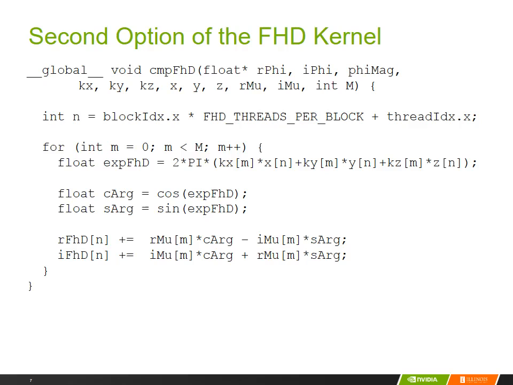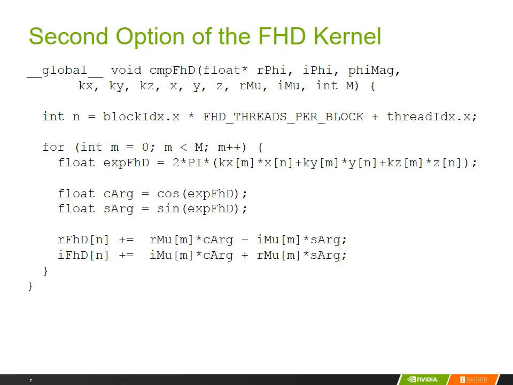With the loop interchange, we can now create a second option of the FHD kernel. When we enter the kernel, each thread will calculate its N variable with the block index and thread index.